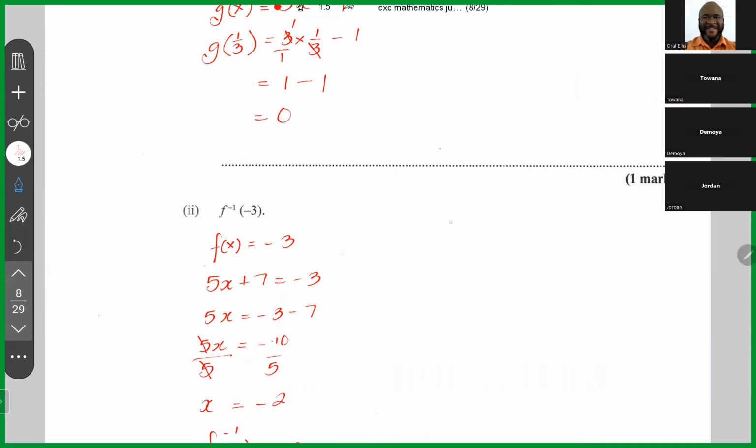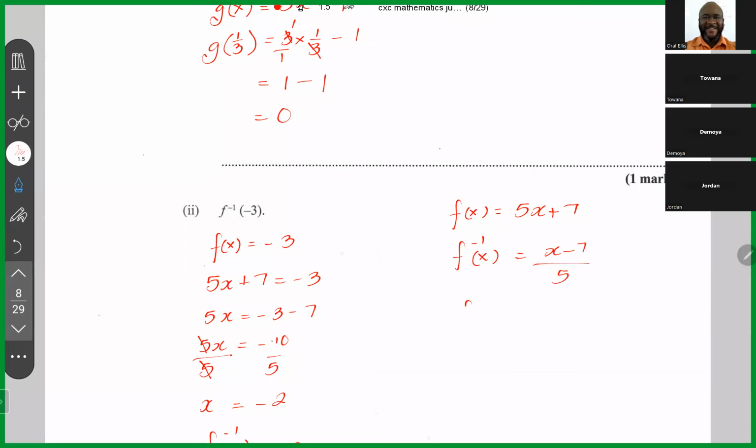So if you have f of x, you could go through the process of finding f inverse of x. I'm just going to write it down. It's going to be equal to x minus 7 over 5.